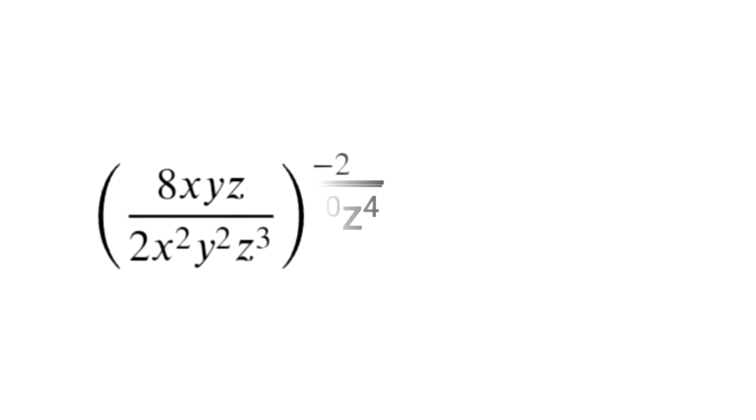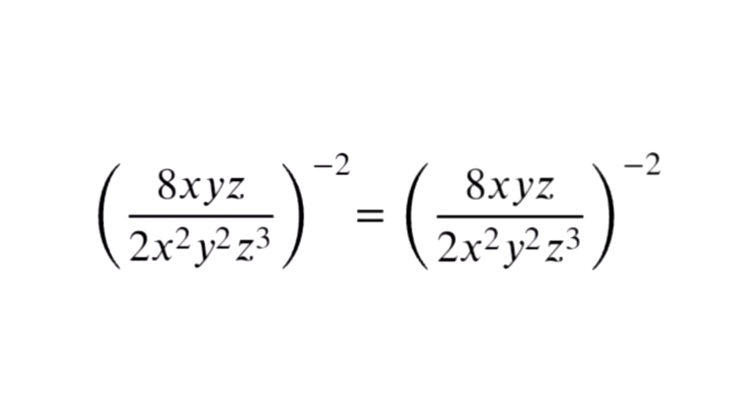Another example, we have quantity 8x y g over 2x squared y squared g cubed, all raised to the power negative 2. So cancel first x.